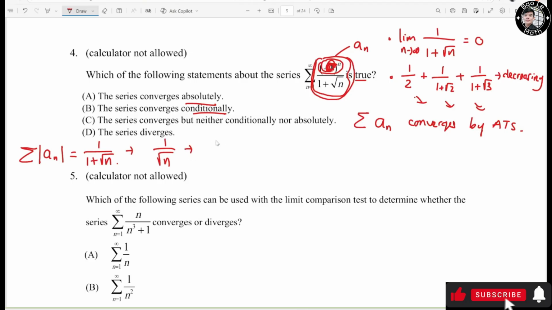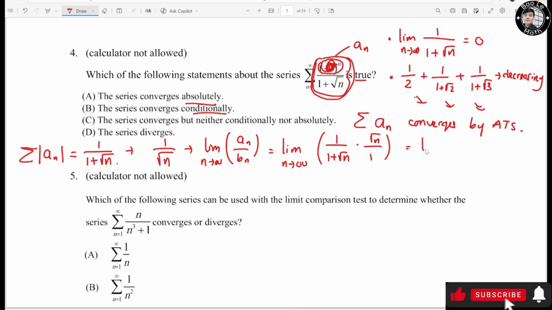So I'm going to have the limit of a sub n over b sub n when n approaches infinity. It's going to be the same thing as the limit when n approaches infinity of 1 over 1 plus square root of n times square root of n over 1, right?